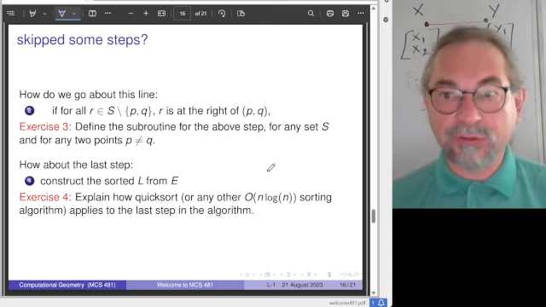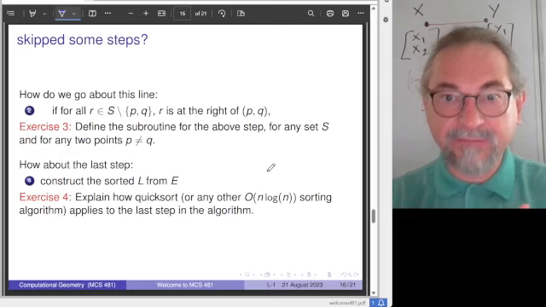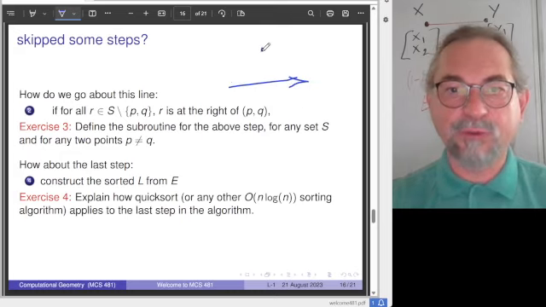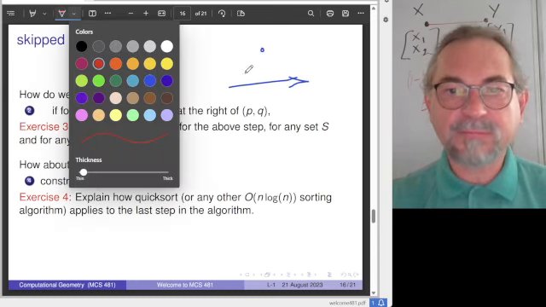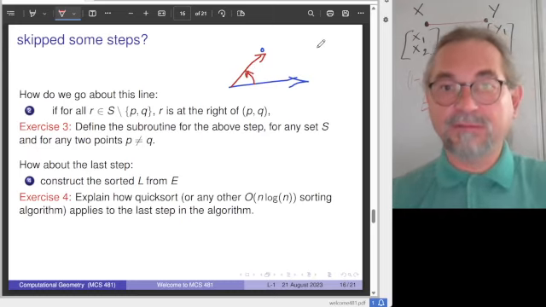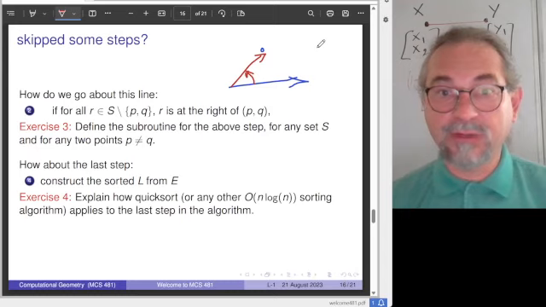You can also, and you have taken vector calculus, work with the angle. So you have the vector P, Q, and then you have the point R. And then you define the other vector. And you have the angle that you can compute. So that gives you an idea.